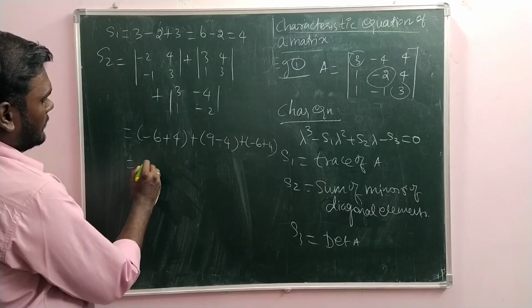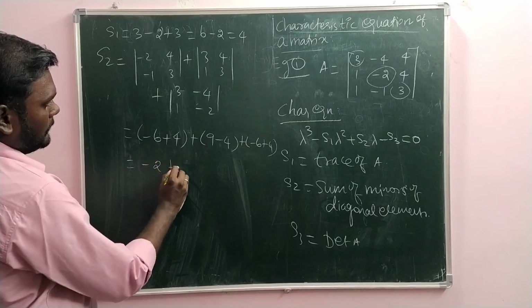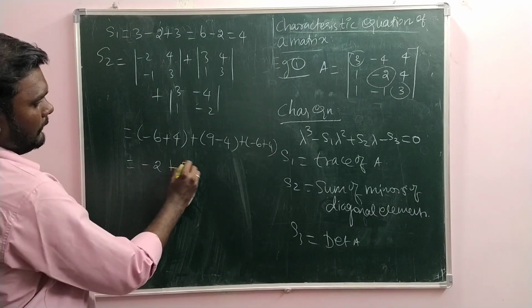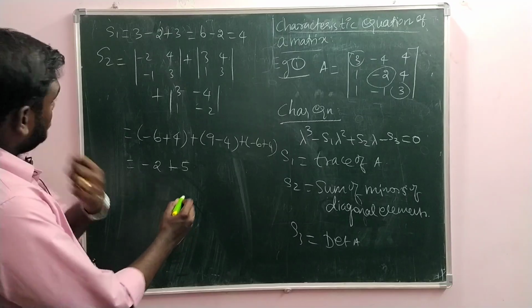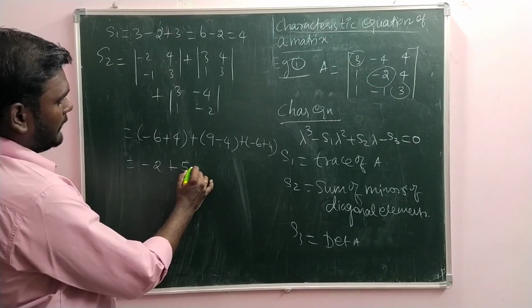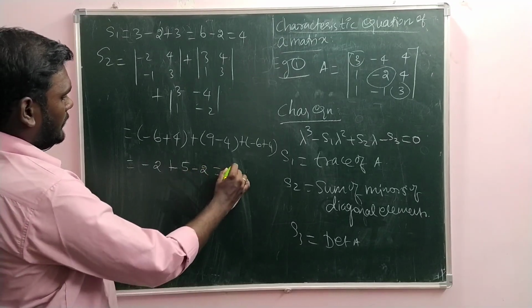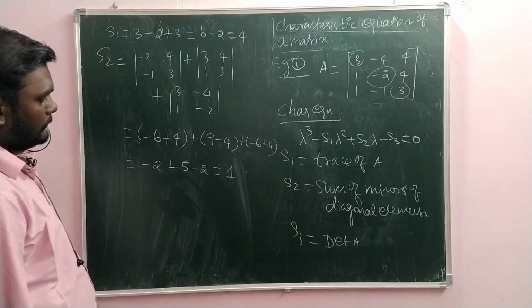Then we'll get what? This is minus 2 plus 5 and this is minus 2 again. So we'll get 1 as the answer, that is S2.